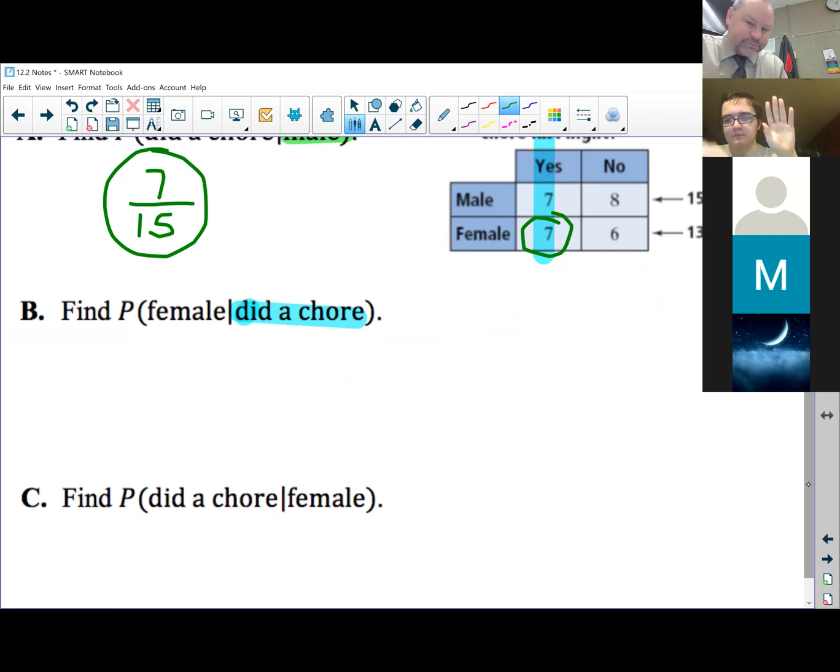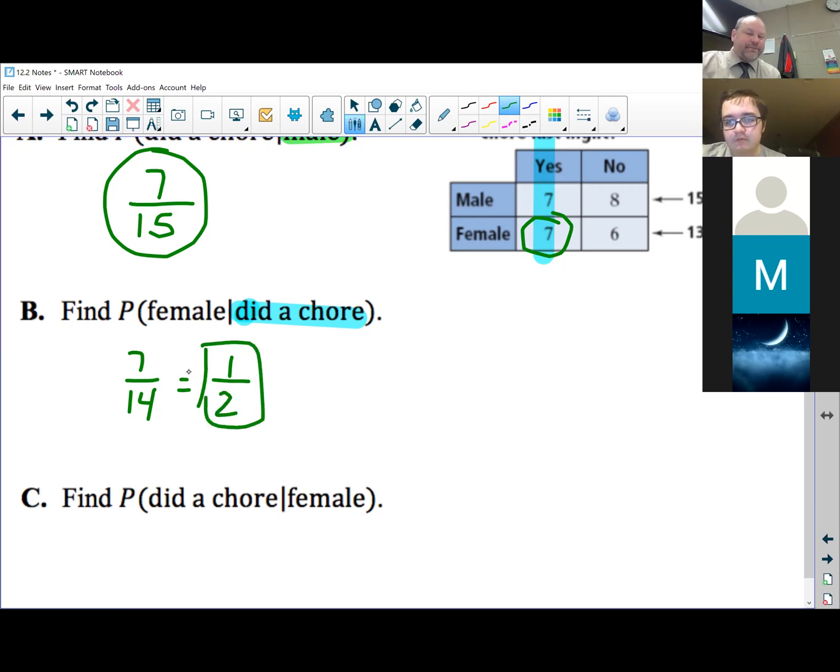Shane, go ahead. It'd be 7 over 14. All right. Does that reduce? Yes, to 1/2. Both 7 and 14 are divisible by 7 to give us 1/2.